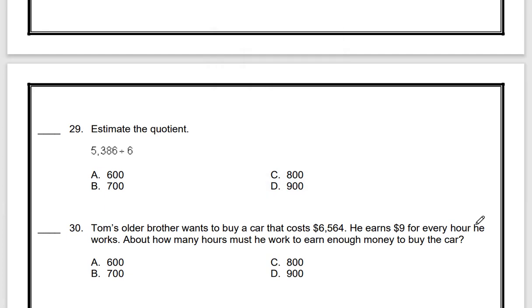Just estimate it. How to estimate? Find a number near to 5,386 that you can divide by 6. And this number is 5,400. Divide 5,400 by 6. Yes, okay.